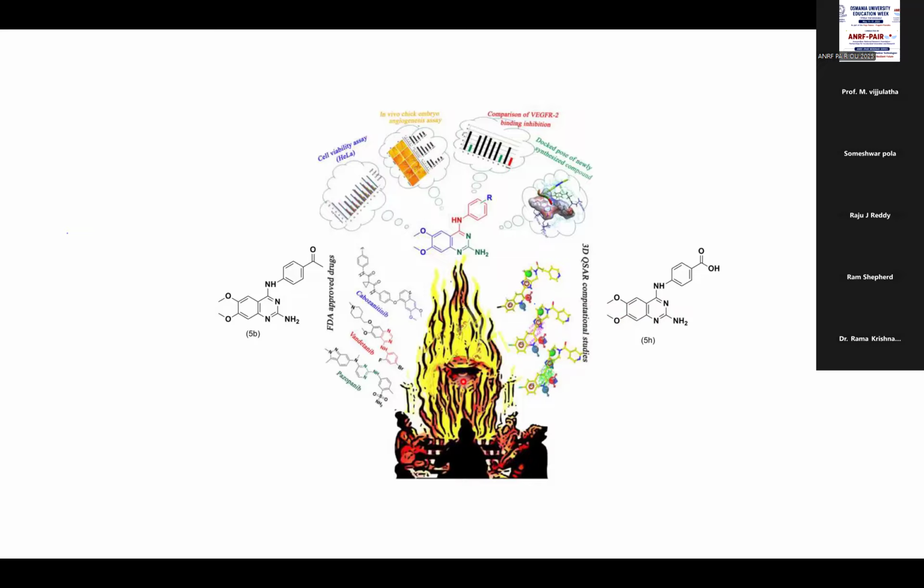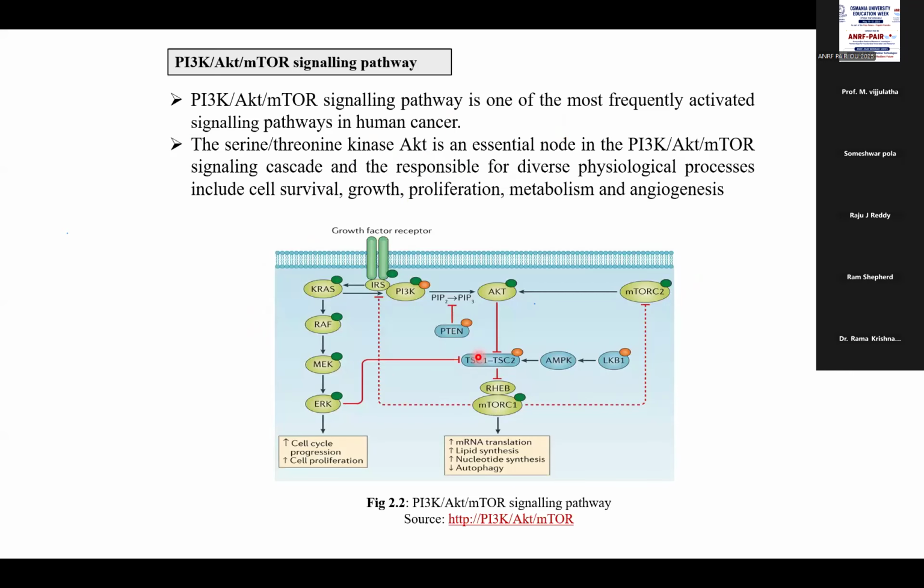And we could say that 5H and 5B are two molecules which have come up as the best inhibitors for VEGFR2. And then we also took the PI3K AKT mTOR signaling pathway to understand how AKT can be targeted so that we can have better inhibitors for cancer treatment.